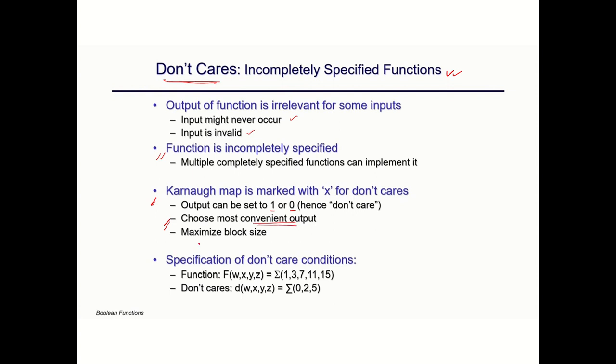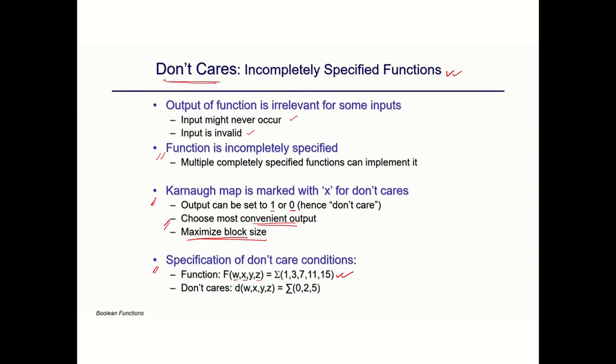So we just have to get the maximum block size or maximum covering with the help of the don't cares. Some specifications of the don't care conditions are given like this. If a function is given with 4 variables, represented as w, x, y, z, and our onset positions are 1, 3, 7, 11, and 15, and don't cares are represented other than these onset positions, which come under the offset condition.